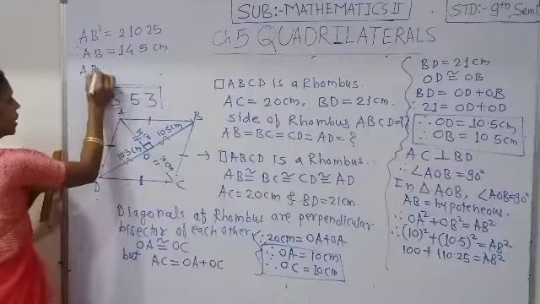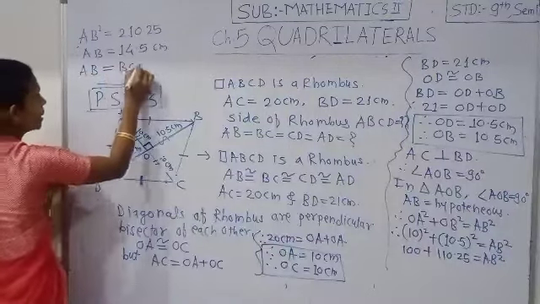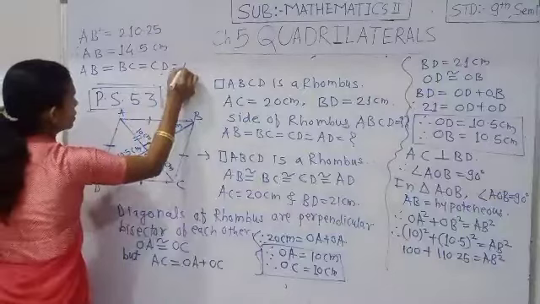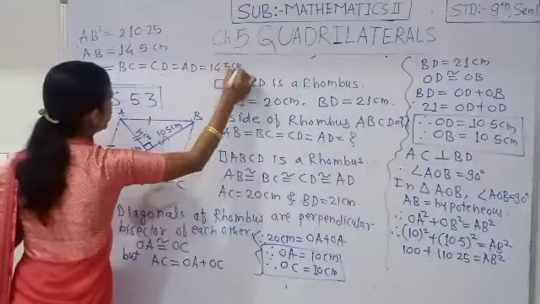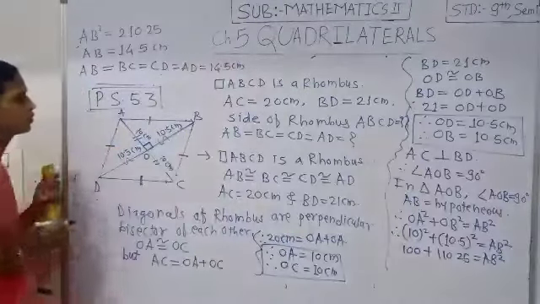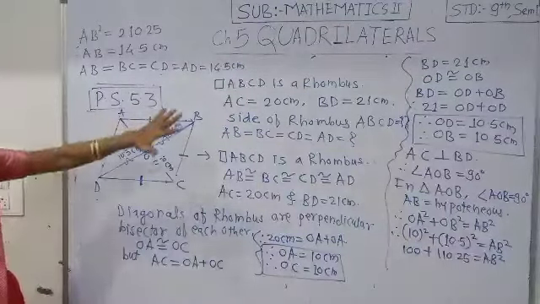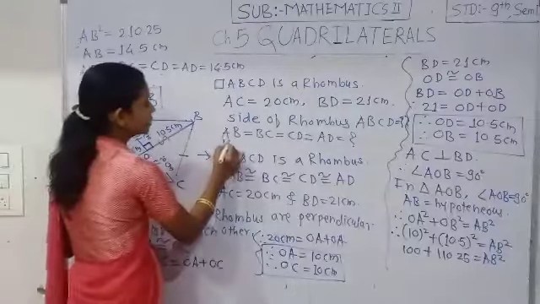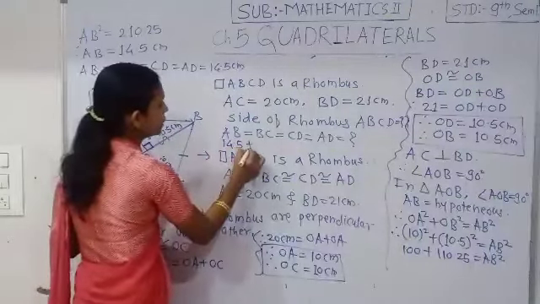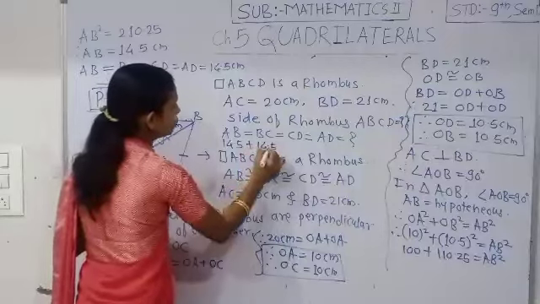That means AB equals BC equals CD equals AD, which is 14.5 centimeter.